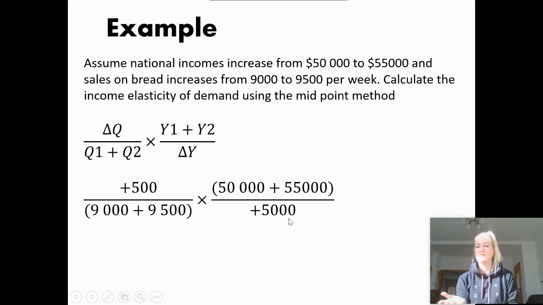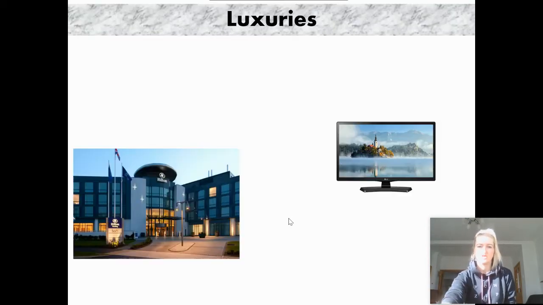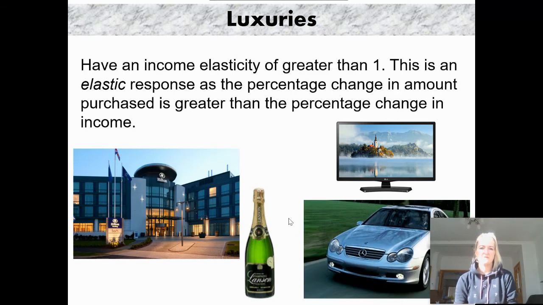It's increased by 5,000, so it's a positive. Put this on your calculator and you should get 0.57, rounding obviously to 2 decimal places. So therefore, bread would be considered a necessity because our coefficient is between 0 and 1. And of course that makes sense because bread is kind of seen as a staple food that most people would consume.